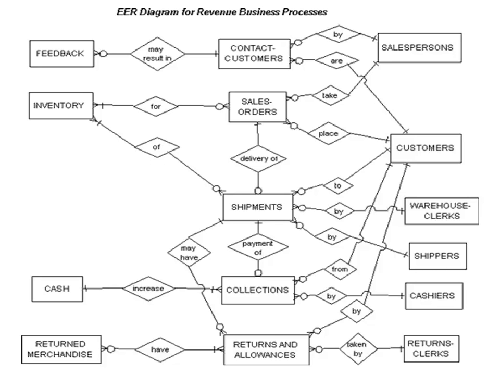Then those orders are shipped to customers. You have shipments, and you have collections. Well, you shipped goods, so you want to collect money. Finally, you have returns and allowances, so return clerks process returns and allowances, and this may result in returned merchandise, which for some reasons is kept separately from inventory.